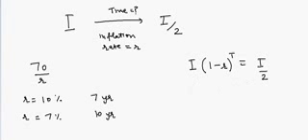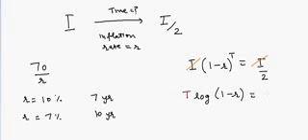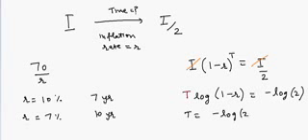If we solve this equation, the I would cancel out, and we will have T log of (1 minus R) is equal to minus log of 2, right? So T will be equal to minus log of 2 divided by log of (1 minus R), right?